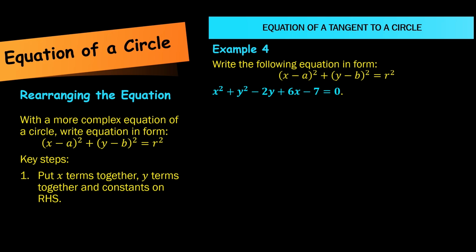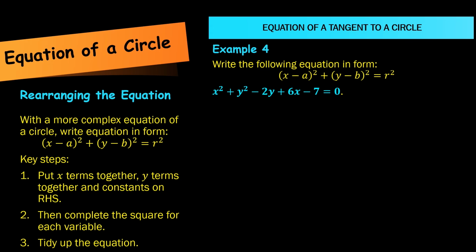So how do we do this? First, put the x terms together, the y terms together, and constants on the right-hand side. Then complete the square for each variable, and finally tidy up the equation. Let's try these steps with our example.